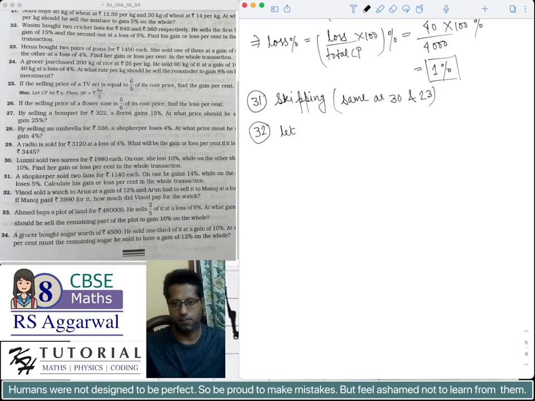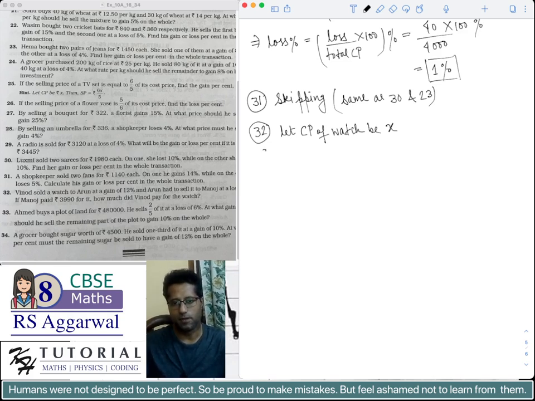So let CP of watch be X. Actually it will be rupees X. I am ignoring the rupees symbol. So let cost price of watch be X. Now Vinod purchased the watch at rupees X and he sold the watch to Arun at a gain of 12%.